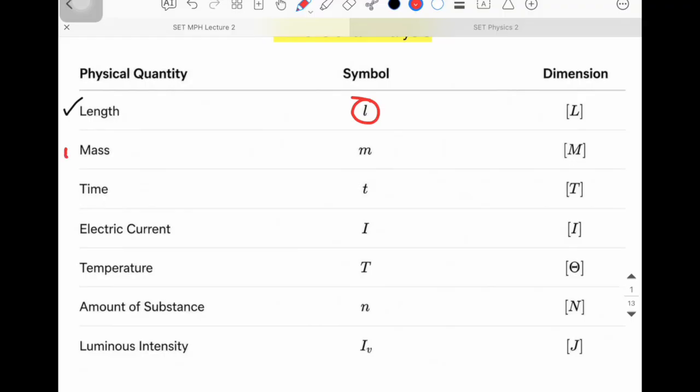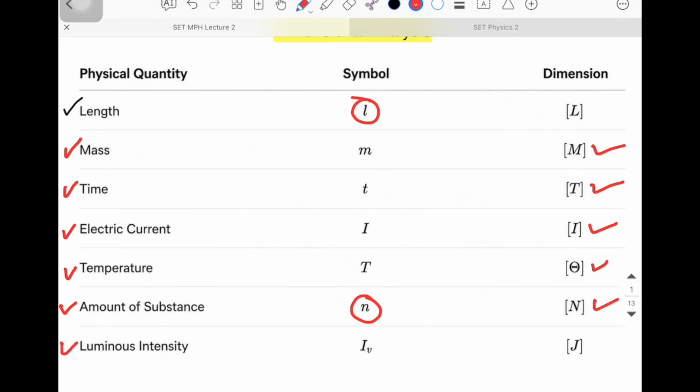The second is mass, whose dimension is capital M. The dimension of time is capital T, and the dimension of electric current is capital I. The dimension of temperature is capital theta, and amount of substance, usually measured in moles, has dimension capital N.